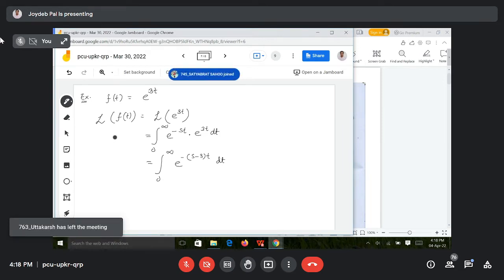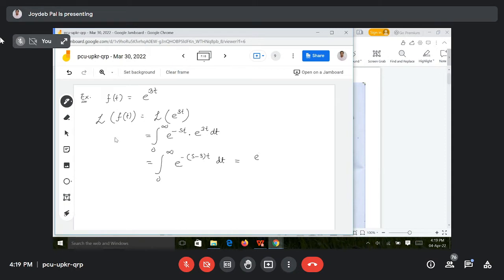Yes, sir. Now you integrate it. It will be e to the power minus (s minus 3)t divided by minus of (s minus 3), where the limit for t is 0 to infinity.